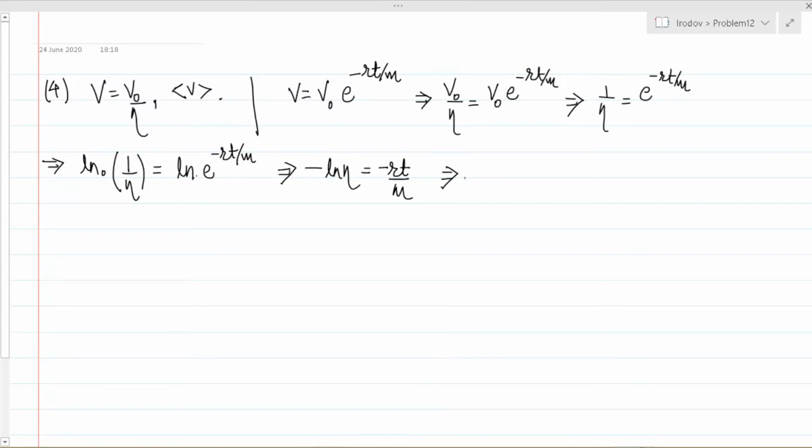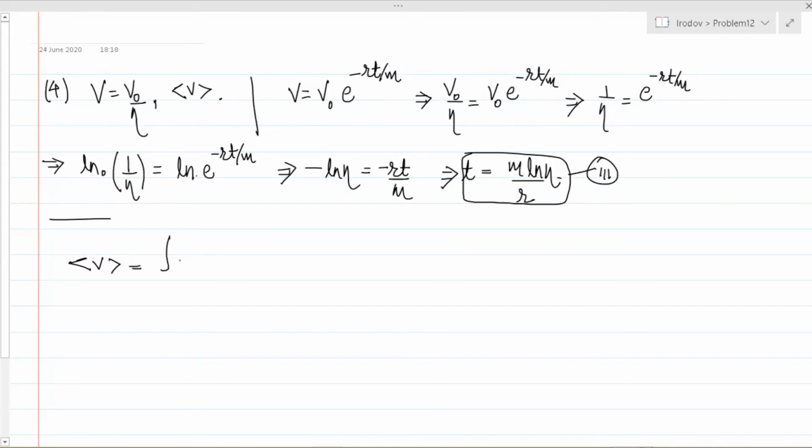Now the time comes out to be m ln eta divided by r. So the time the boat takes to achieve a velocity v equal to v naught divided by eta, that time is here.